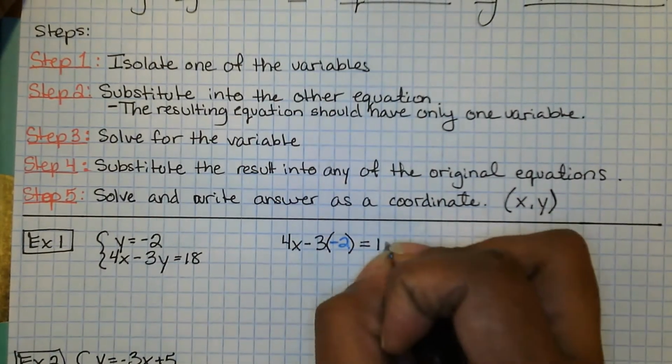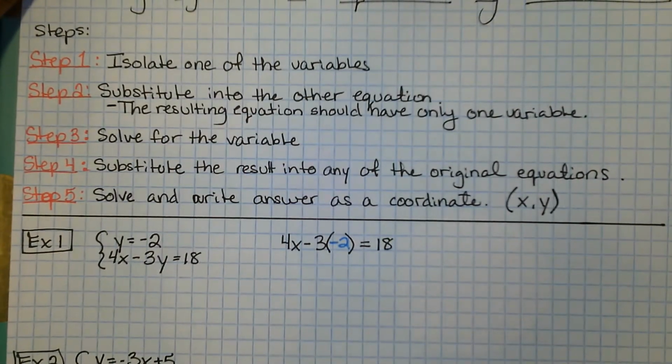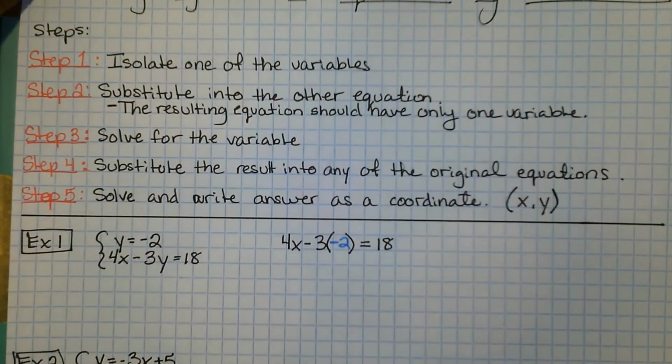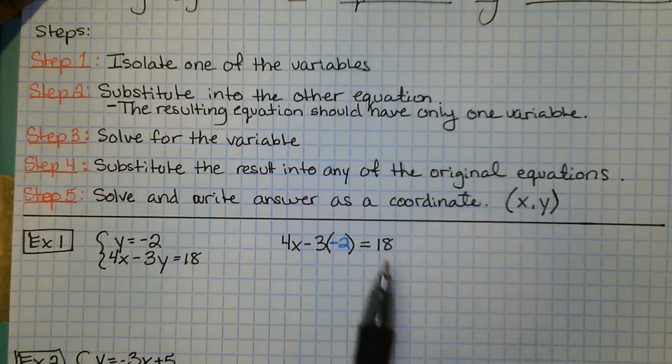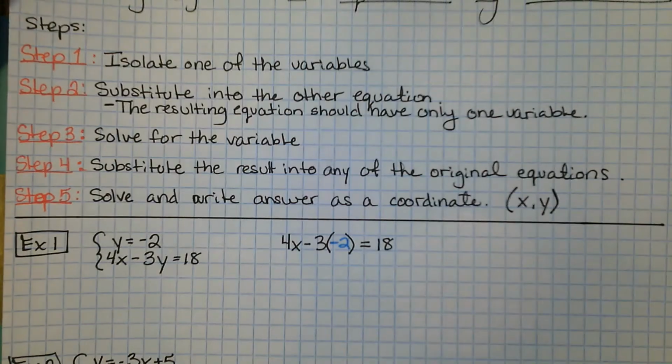And then finish it off, equals 18. Now, in this step, it says the resulting equation should have only one variable. So you should check to make sure that there is only one variable in our equation, which there is. So we're good to go.